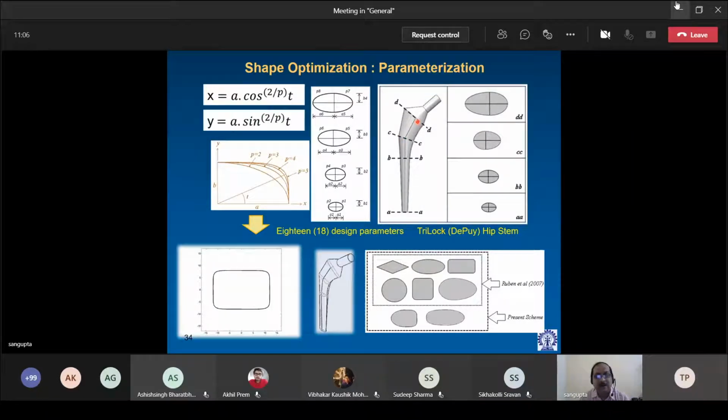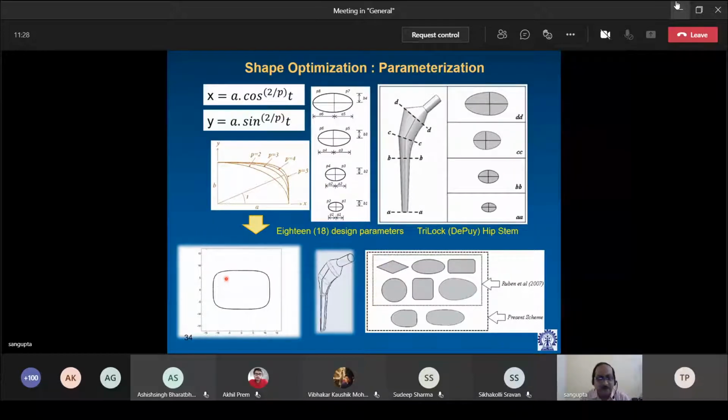Okay. And you can see that the shape of these sections are varying considerably from AA to DD. Okay. Now this actually varies from ellipse to super ellipse.